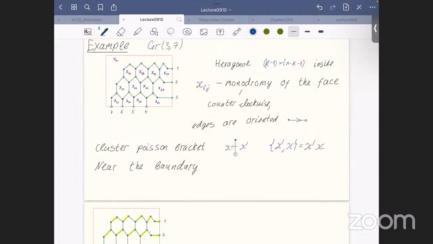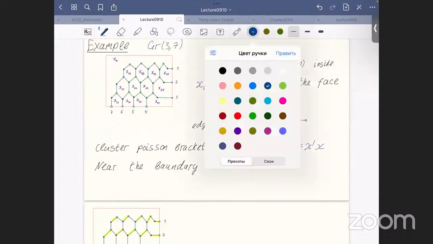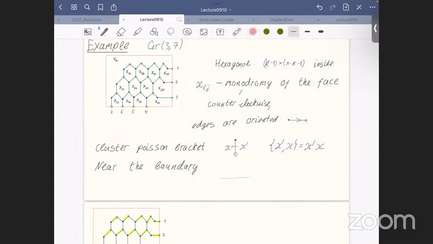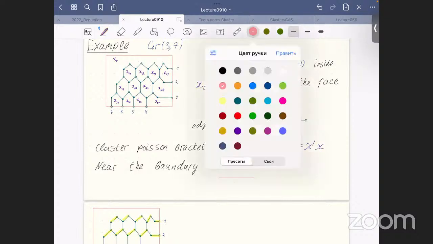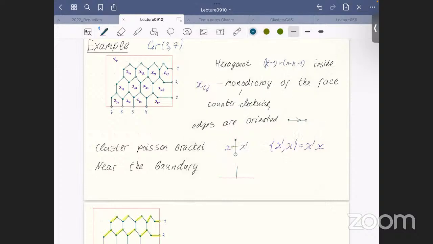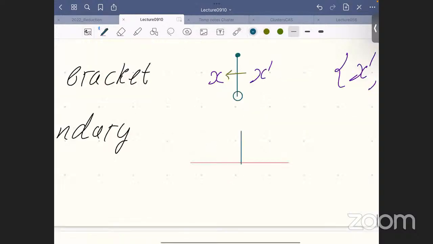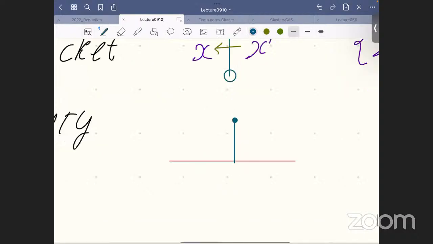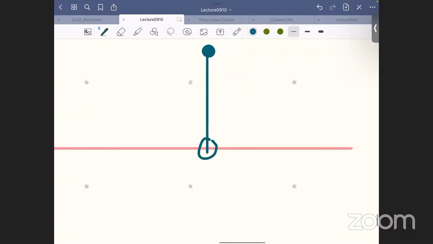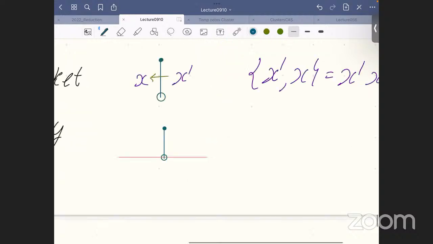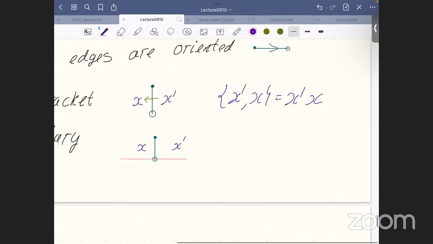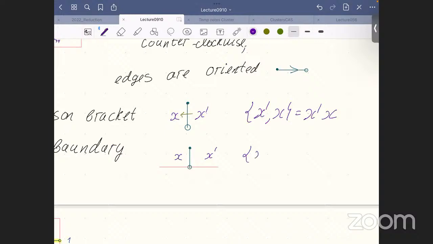If all boundary vertices are white, and we have some edge here, then in this case this bracket is equal to 1/2.